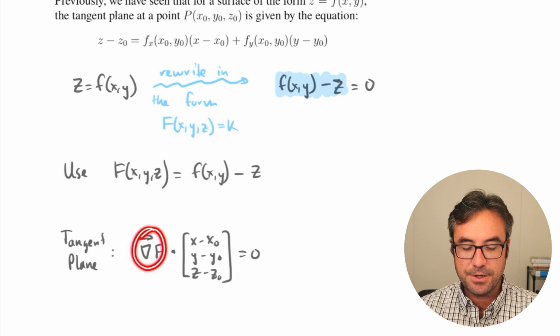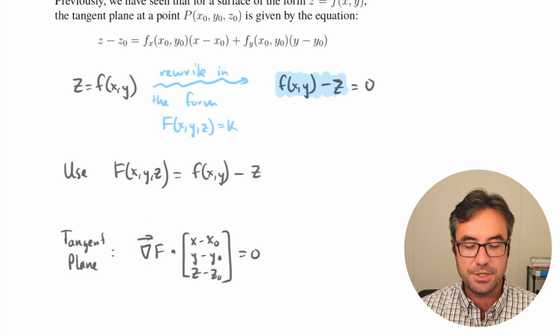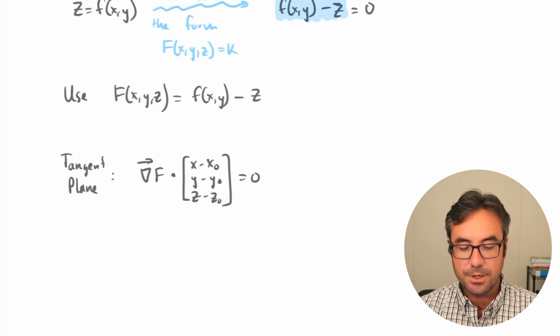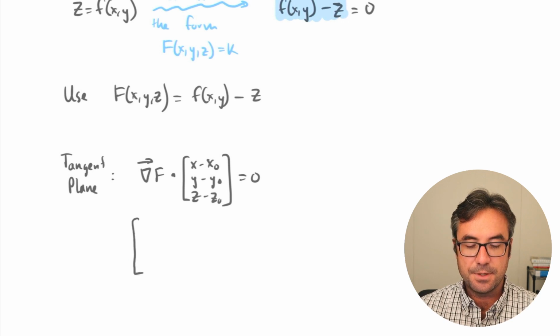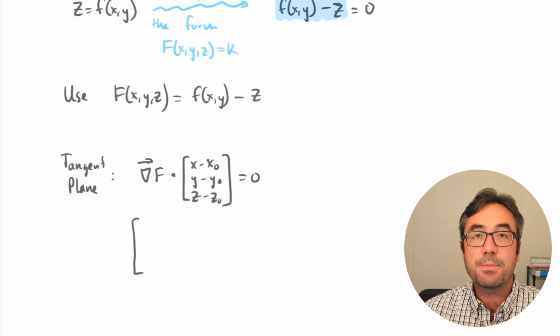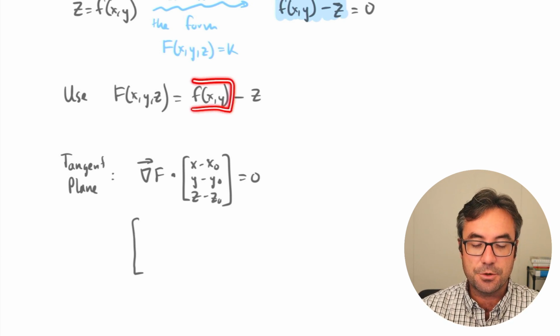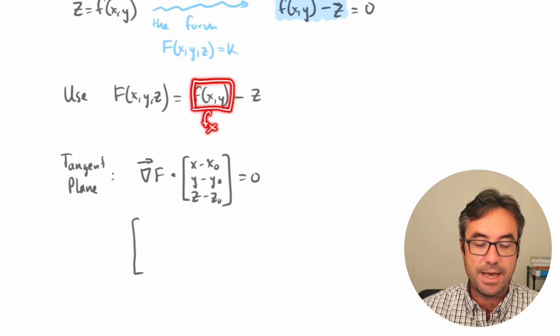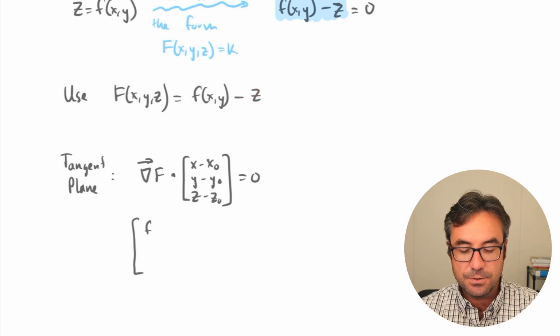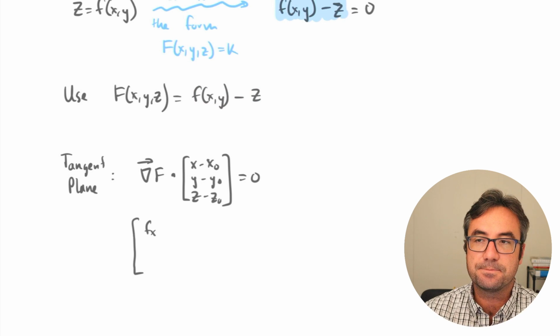And let's actually figure out what the gradient of this function actually is. So our gradient, we want to start with the x partial derivative. The x partial derivative of the first term is just going to be little f partial x, and there's no x term here, so that's 0.